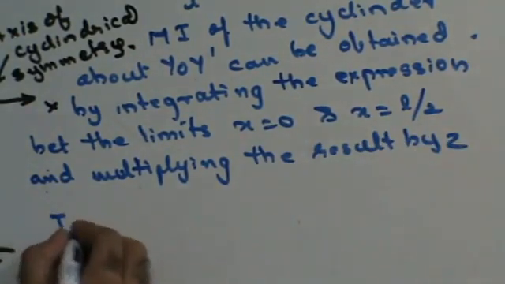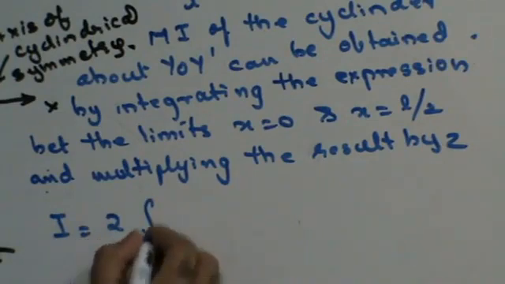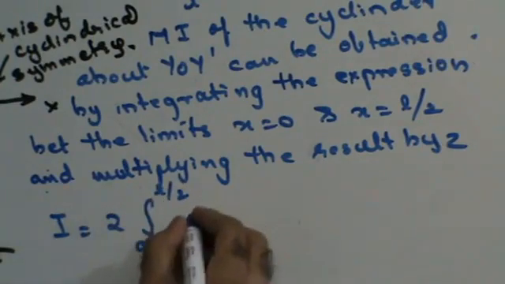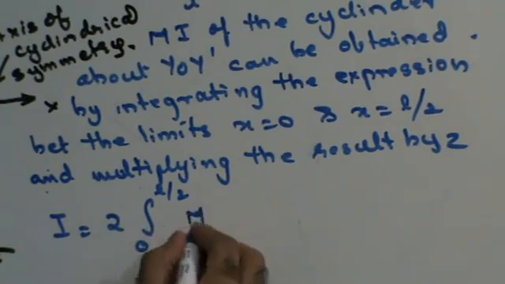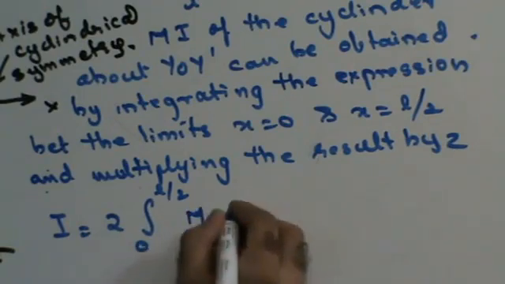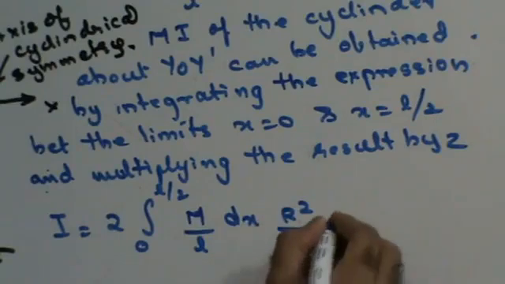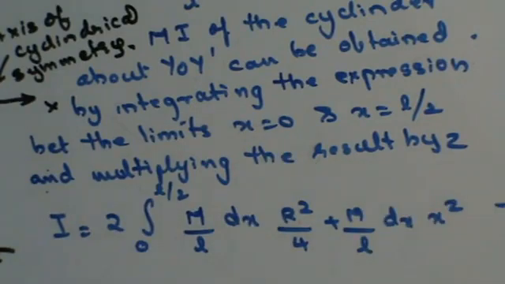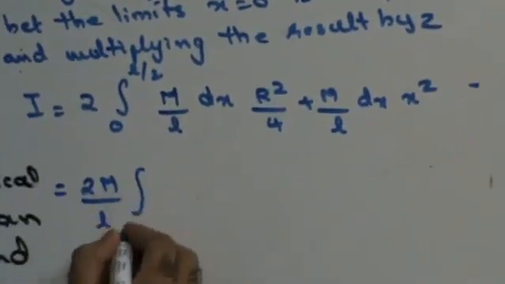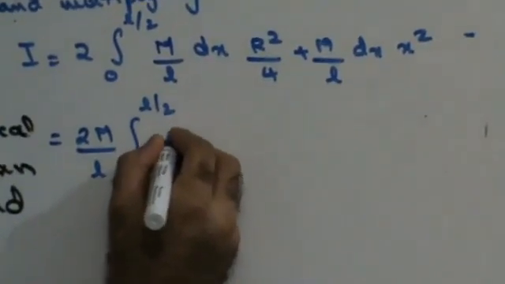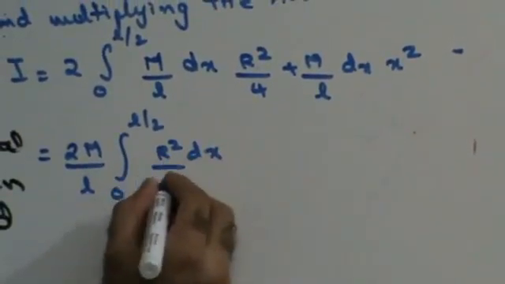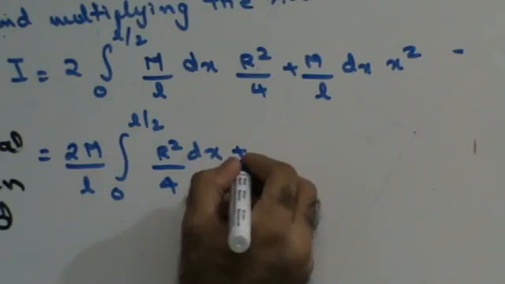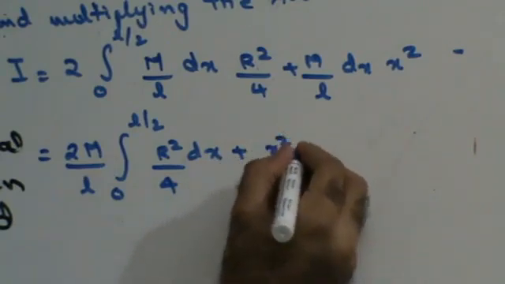therefore I can say moment of inertia will be twice integral of 0 to L by 2 of what we found for the disk: m upon L dx into r square by 4 plus m upon L dx x square. Right? Now here m upon L can be taken common, so twice m upon L integral of 0 to L by 2 of r square by 4 dx plus x square dx.